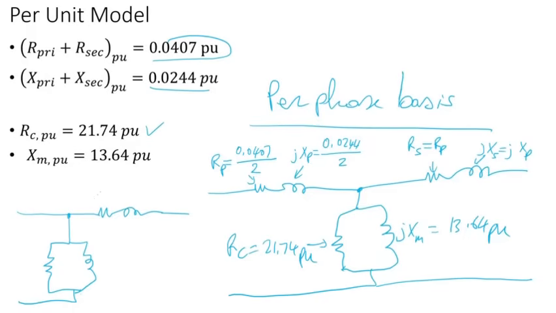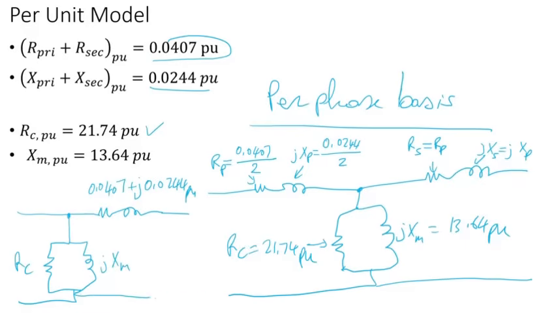So here, I can just put the entire resistance plus J 0.0244 per unit. And here, RC, here JXM.